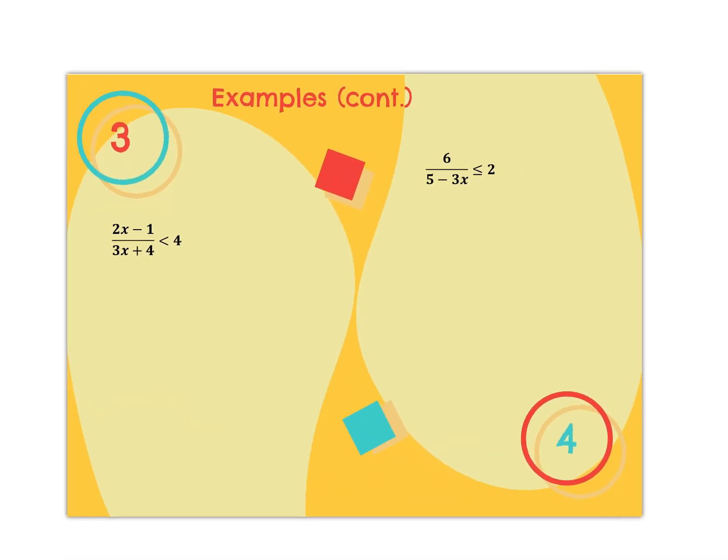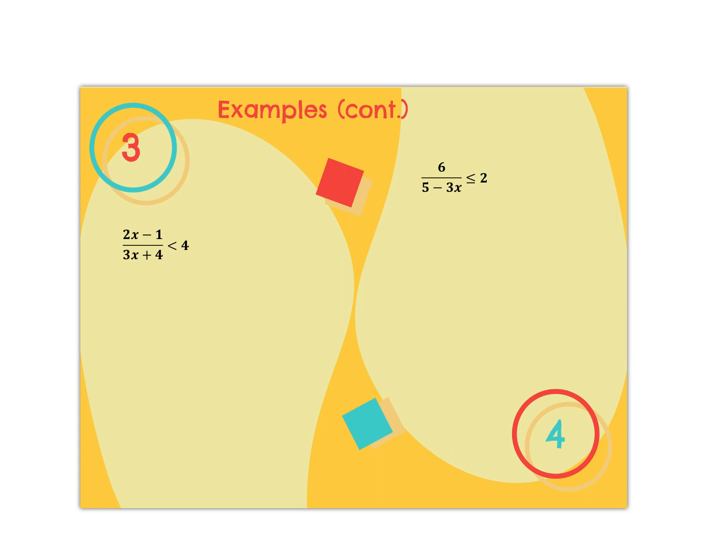So we keep going again here, and we have two different problems here. So let's start with the one on the left. Again, it has to equal 0 or be less than or greater than 0 rather. So I'm going to have (2x minus 1) over (3x plus 4) minus 4 is going to be less than 0. And so now, I know my denominator is going to be 3x plus 4 here, so I'm going to have to multiply the 4 by 3x plus 4.